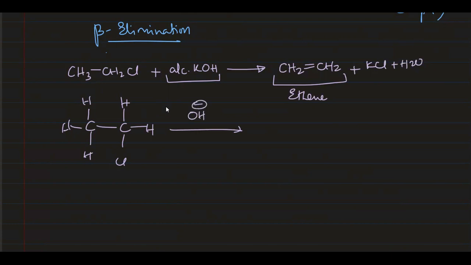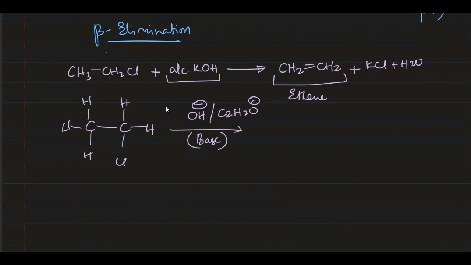Now here in presence of alcoholic medium, this OH minus is more or less backed by C2H5O minus ion also, which is going to act as a base. So here we need a base actually. Though these species are negatively charged and you may think they are nucleophiles, they are also bases.